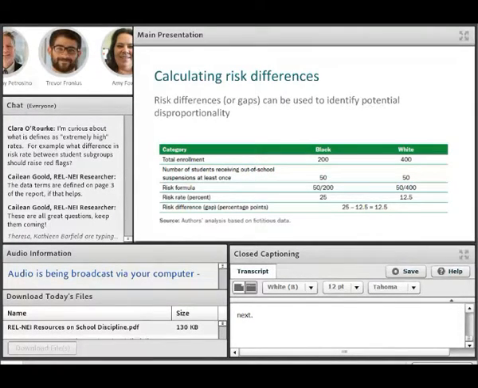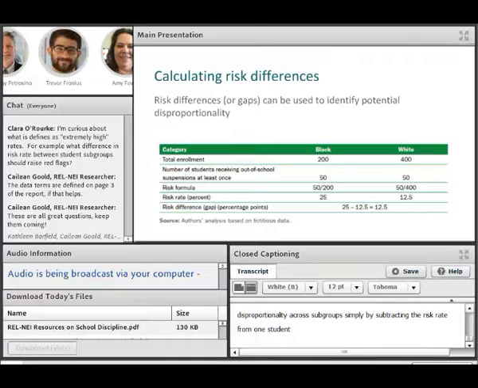All right. So calculating risk differences. Gaps or differences in risk rates when we're using the risk index can be used to analyze disproportionality across subgroups simply by subtracting the risk rate from one student subgroup from the risk rate of another student subgroup.